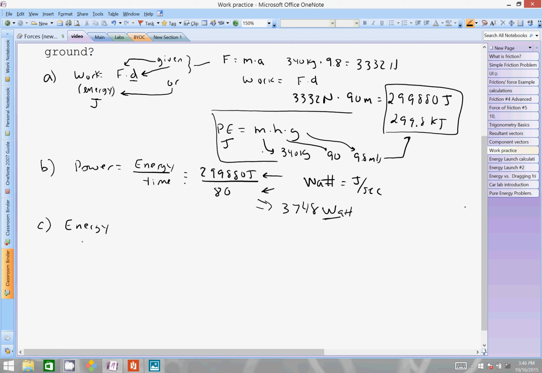So energy before will equal your energy after. Another way of saying that is energy in equals energy out. Energy is generally not lost. You can change the usable amount of energy, but for our purposes, energy is conserved.